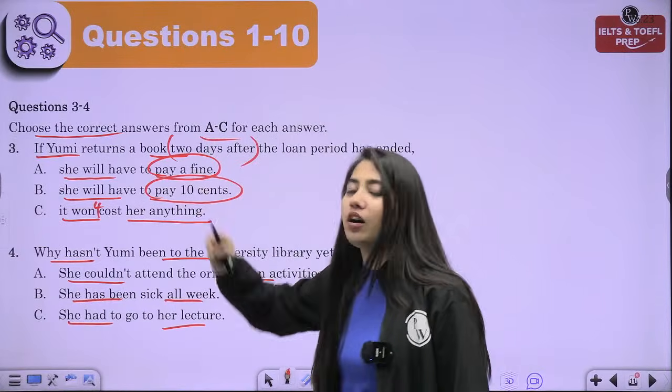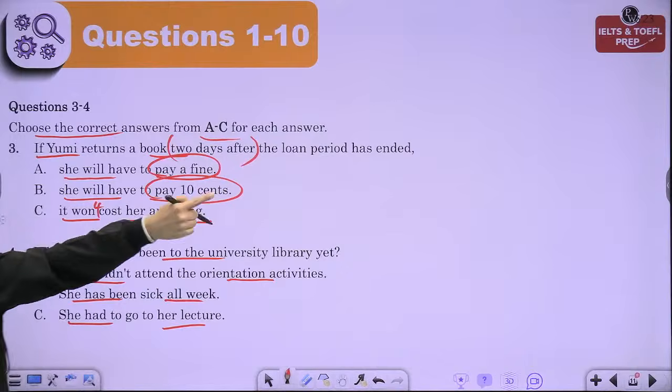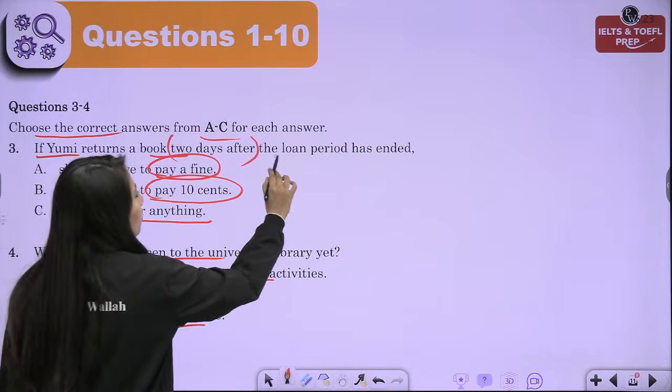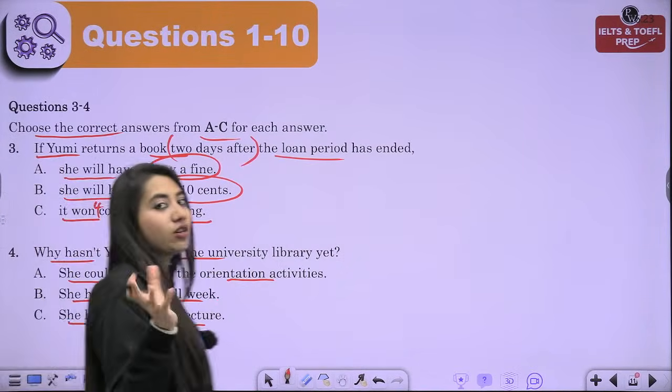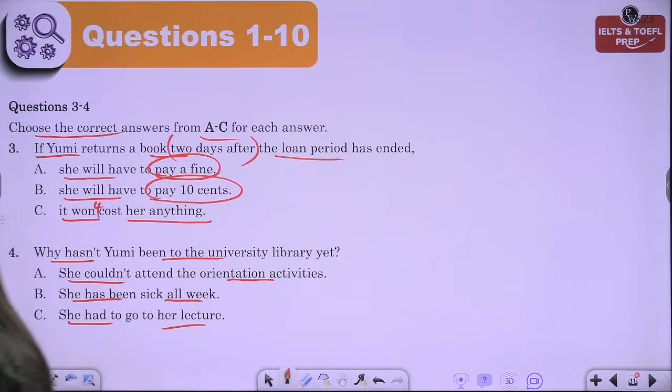What about this third one? Here the question asks that if Yumi returns a book 2 days after the loan period has ended, what will she have to do? What's going to be the right answer here? Okay, Bhavya is saying B. It's B, you're mentioning.